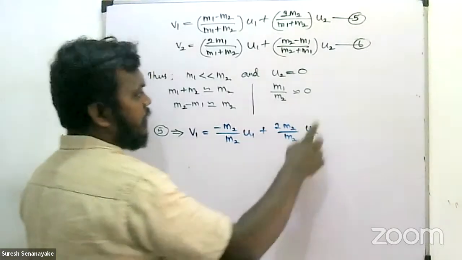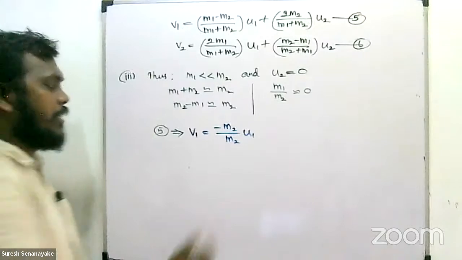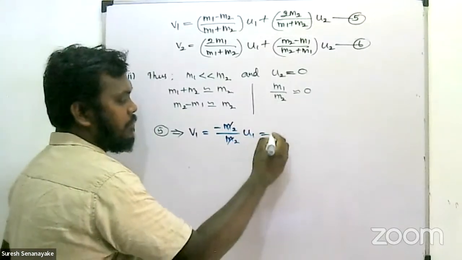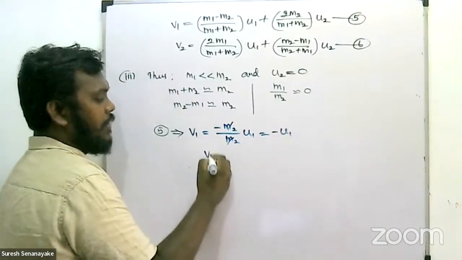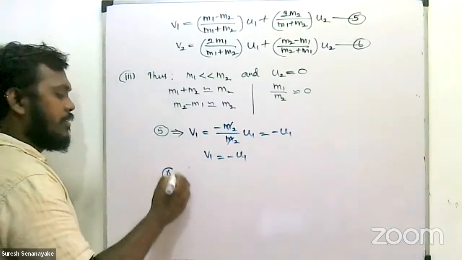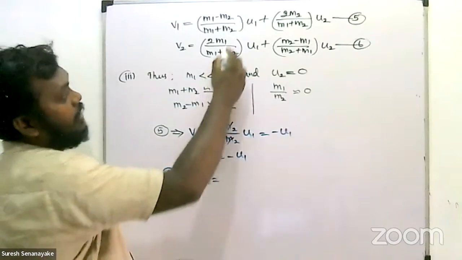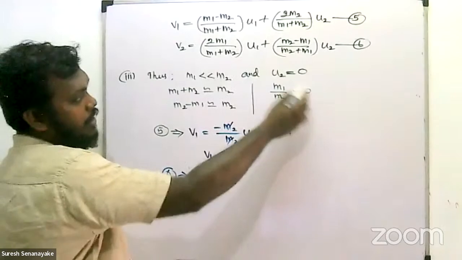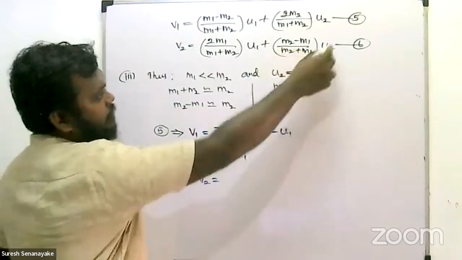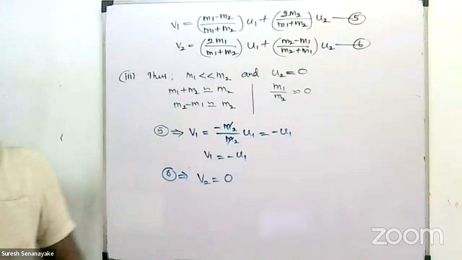This part is 0 because initially U2 is 0, right? So M2 cancels, and V1 equals minus U1. And in equation number 6, how do you get V2? This part is 0 and this part is already 0, so V2 is 0. That means the second body remains at rest.